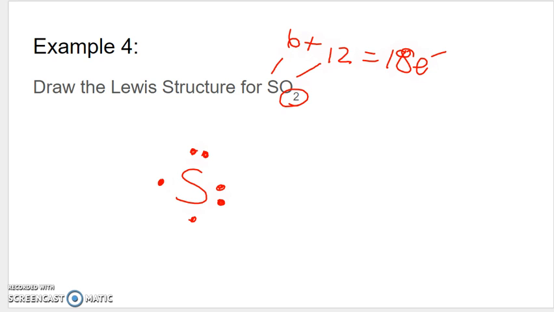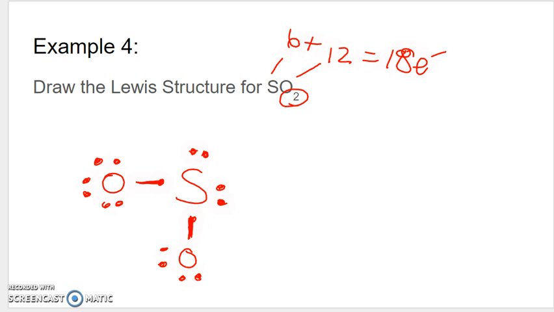Okay, looks good. Now make a connection to O, so we have one connection here, and another connection here. Alright, so far we've used 1, 2, 3, 4, 5, 6, 7, 8 electrons. We go 9, 10, 11, 12, 13, 14, 15, 16, 17, 18.